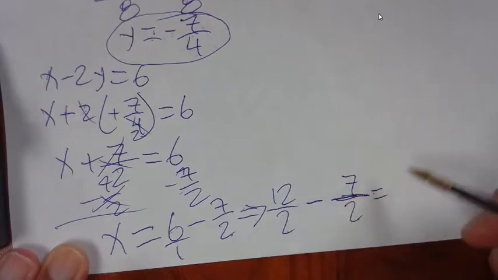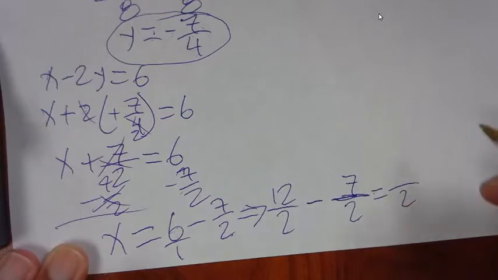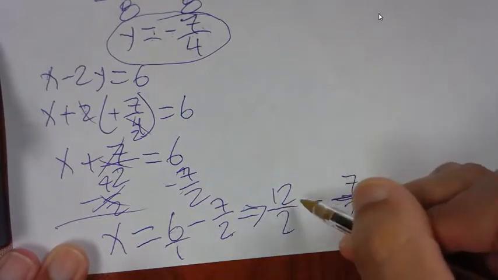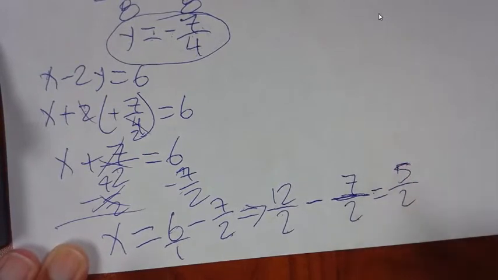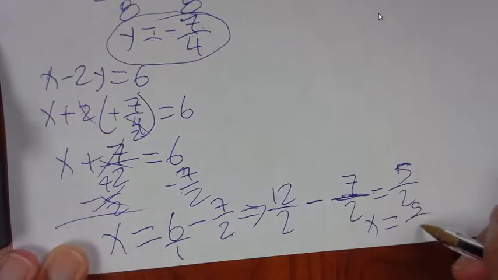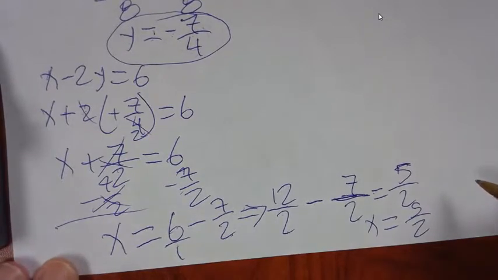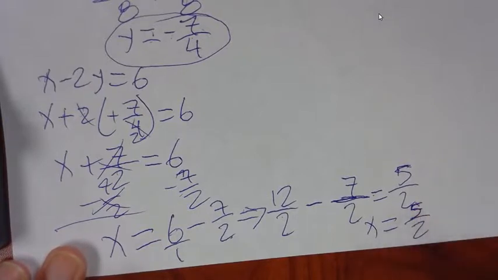In this case, I do have common denominators, so I just rewrite that 2 there and subtract 12 minus 7 is 5. So my x equals 5 over 2. According to this, and according to the book, yes, it is correct.